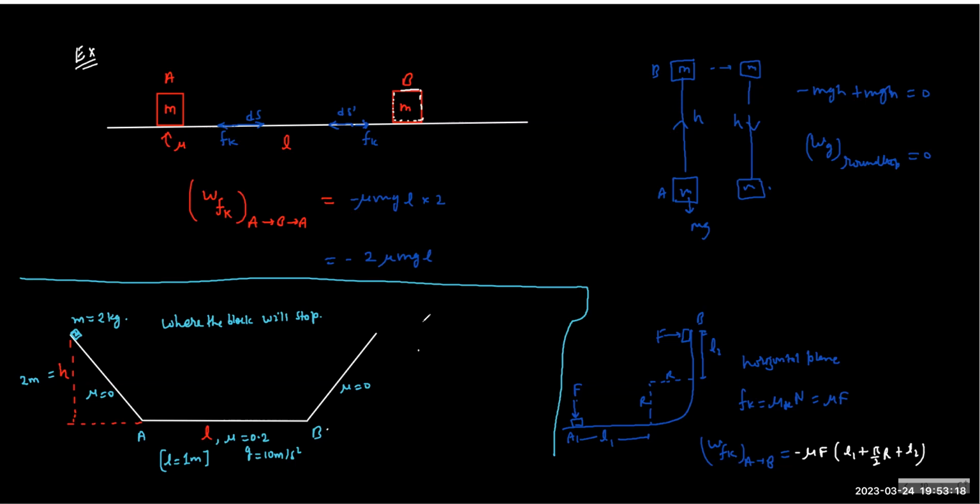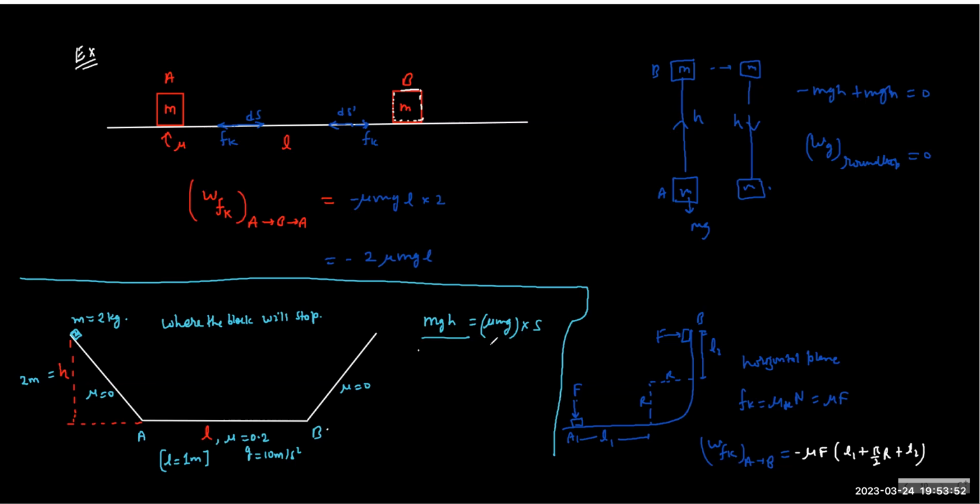Yes, sir. So the answer is simple. You have to find the energy lost. So total energy available is mgh, divided by the frictional force, because we know this is equal to Fk, mu mg into some distance. How much do I need to travel in order to consume all energy? That is the whole idea. So let's say you travel S, which is the length of the path.